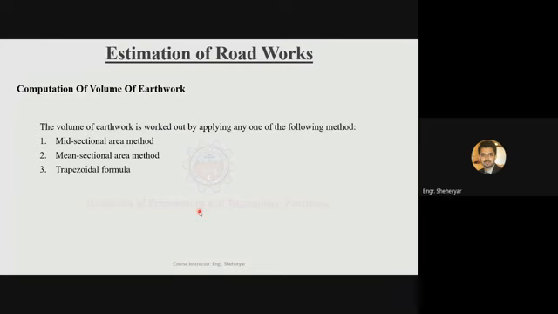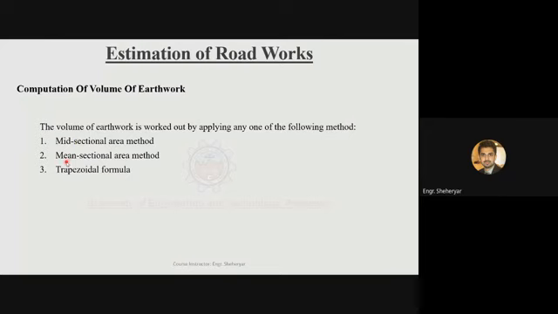You will take the depth of the road at one point and the other point, and then take the average of these two depths, and you will get the depth of the midpoint. Now calculate the area of that mid section and multiply with the length of that road segment, and you will get the volume of the material.